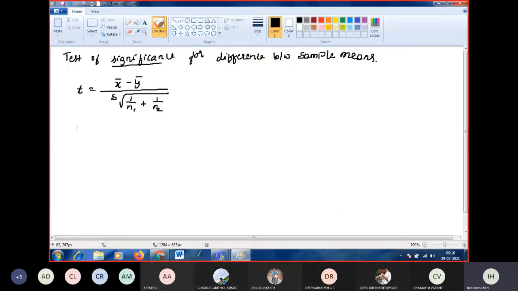What is s? How to find s? S square is equal to 1 by n1 plus n2 minus 2. This n1 plus n2 minus 2 is the degree of freedom.